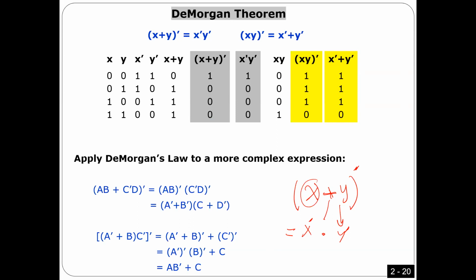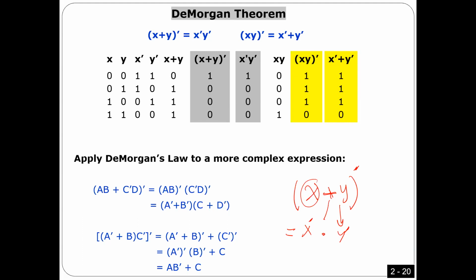That's why if you have (X or Y) complemented, it should be equal to: complement the first one, complement the second one, and this one should be AND. The dual of this one is the same thing. This is what we call De Morgan. So if you have (X and Y) prime, this is equal to: complement the first one, complement the second one, and then you have to make it OR.